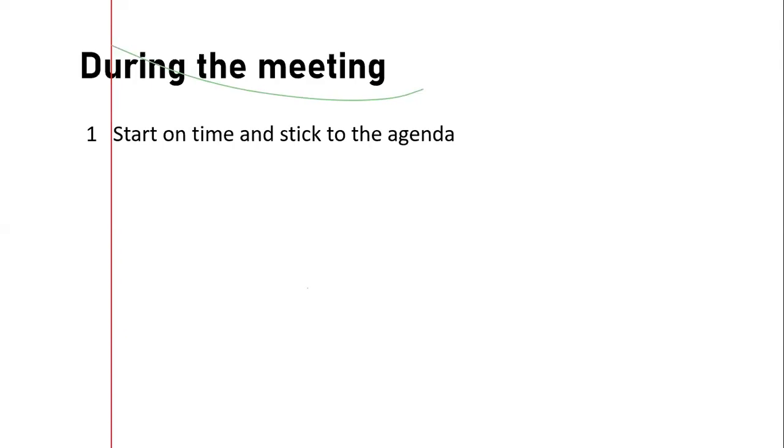Because of this practice, this tradition of starting the meeting late, the participants also think that the meeting will not take place according to the given time, and they also get delayed. They also come late, so everybody comes late. Then the meeting gets delayed by another 1 hour, something like that. This is not a good practice.